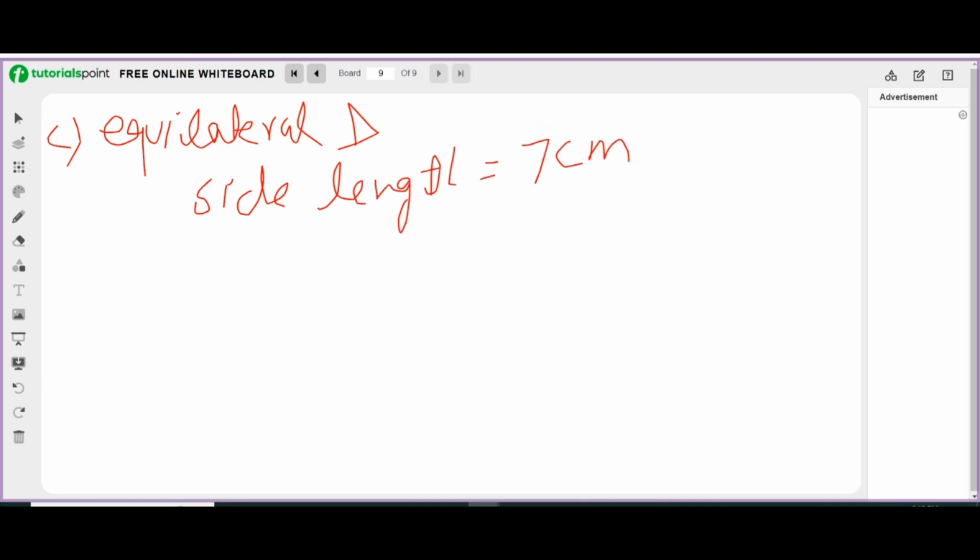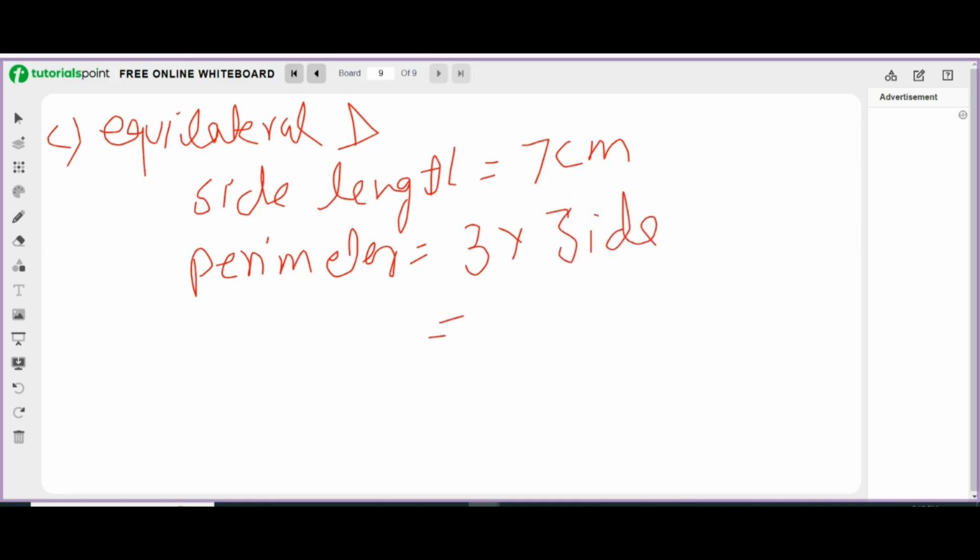How many sides are there? Then 3 multiplied by the same side. 3 multiplied by 7 is 21 centimeter. Done?